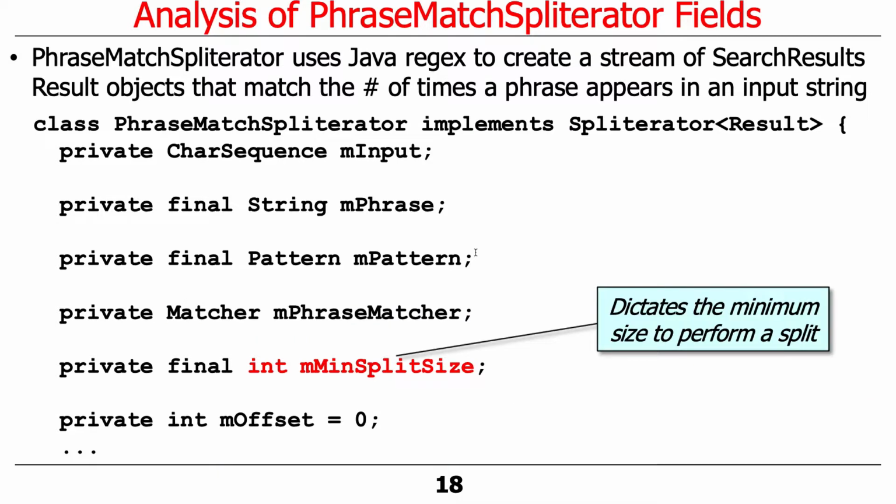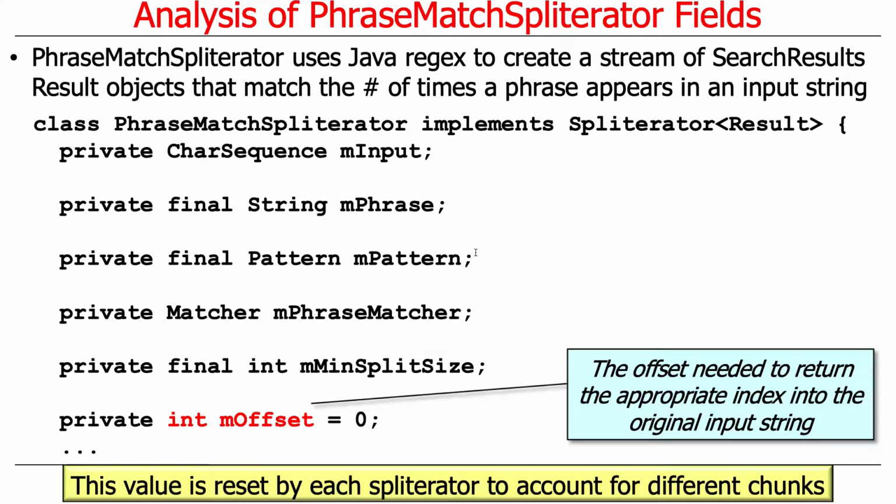And now we get to a couple things that are relevant for parallel streams. mMinSplitSize is used by the splitterator to decide when we've split the string up enough and we can process it sequentially henceforth. So it basically is an indication: don't split things any further.